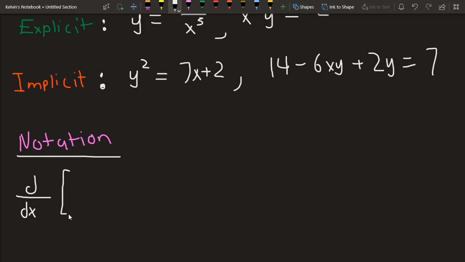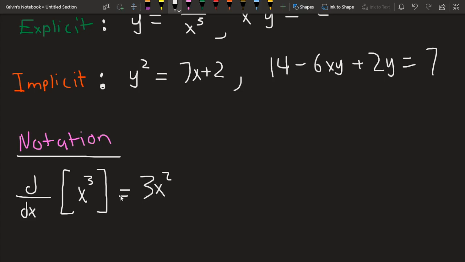And then let's say we have x cubed. This essentially just means find the derivative of x cubed. But if we were to be technical, we would say the derivative with respect to x of x cubed.